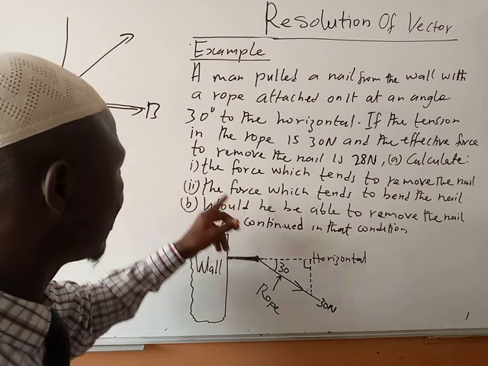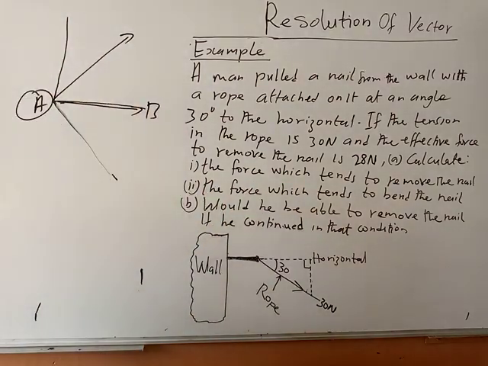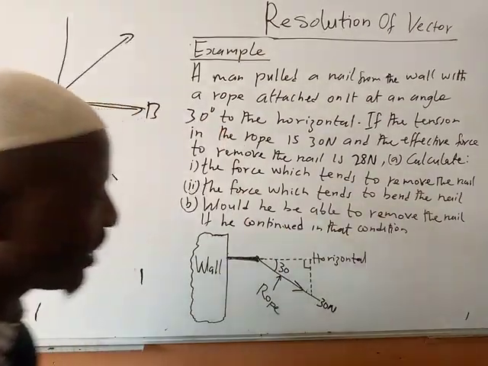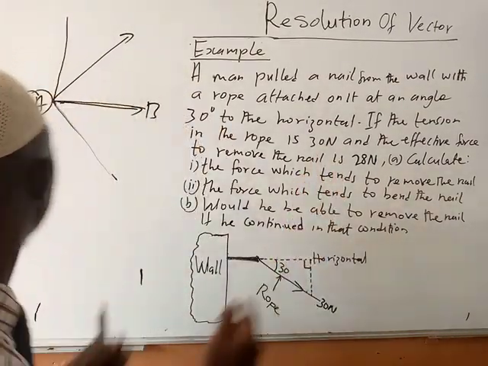Calculate the force which tends to remove the nail, then the force which tends to bend the nail. Will he be able to remove the nail if he continued in that condition? Let's solve and see what will happen.